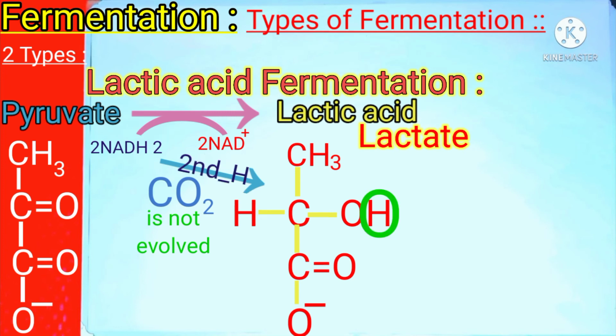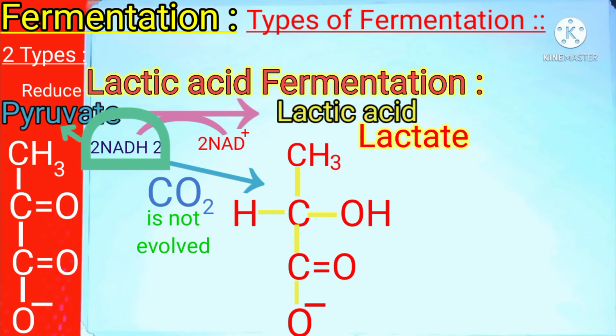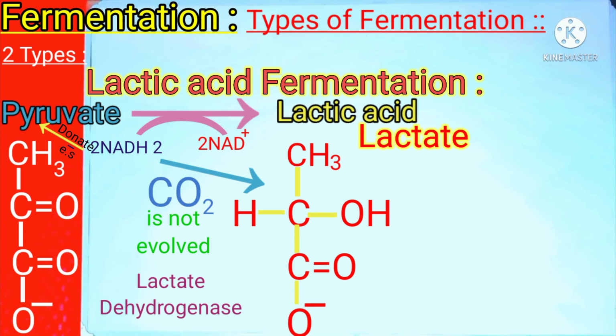As animals use the NADH2 molecule to reduce the pyruvate, NADH donates its electrons to the pyruvate to form lactic acid. This lactic acid fermentation is controlled with the help of the enzyme lactate dehydrogenase. Students, lactic acid fermentation happens in mammalian muscles and in certain fungi.